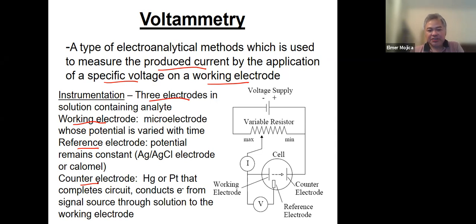The working electrode is the microelectrode whose potential will vary with time. For the reference electrode, its potential will remain constant, and you can have a silver chloride electrode or a saturated calomel electrode as the reference electrode. The counter electrode is usually platinum.